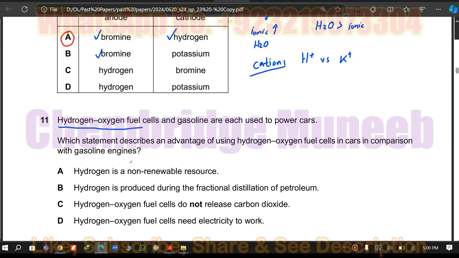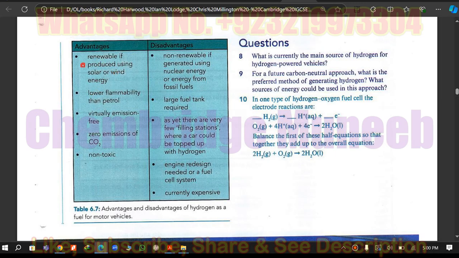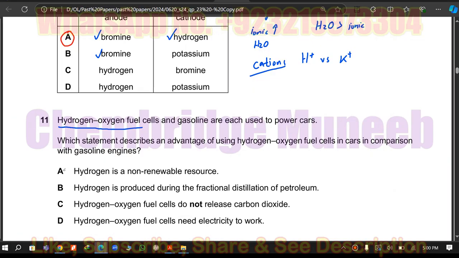For this purpose we do not say that hydrogen is a non-renewable source. We can see this in the first point, that the advantage of hydrogen as a fuel is that it is renewable if produced using solar or wind energy. So it is considered an advantage. So that's why we will say that A is not a correct answer.